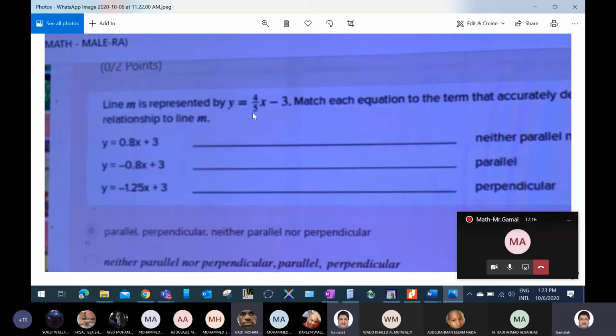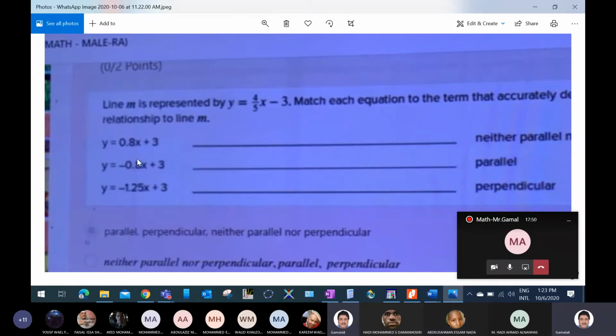Mister, can you repeat it because I was not here? This is 4 over 5, and this is negative 0.8. Are the two slopes equal? No. So they are not parallel.